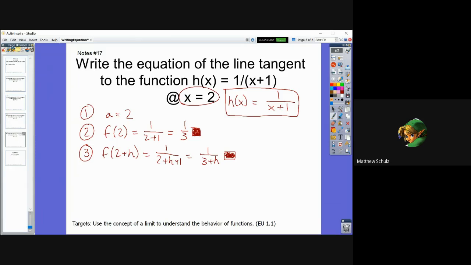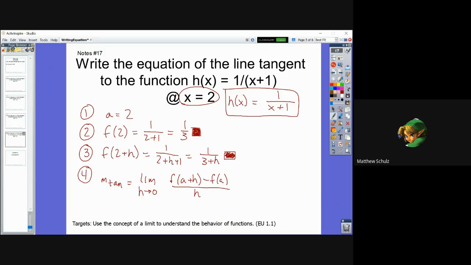All right. And so now what we need to do is find the slope of the line tangent to that value at x equals 2. So once again, we're going to use this formula, m tan is equal to the limit as h approaches 0 of f of a plus h minus f of a, all divided by h.